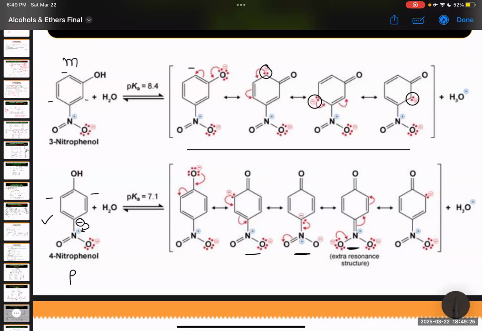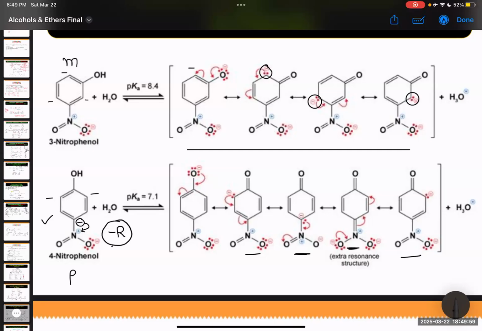When the negative charge is pulled by the NO2 group at ortho and para position, the group exerts minus R effect. A group at meta position will not exert minus R. Got it? So in this case, you can see that this is going to be more acidic.